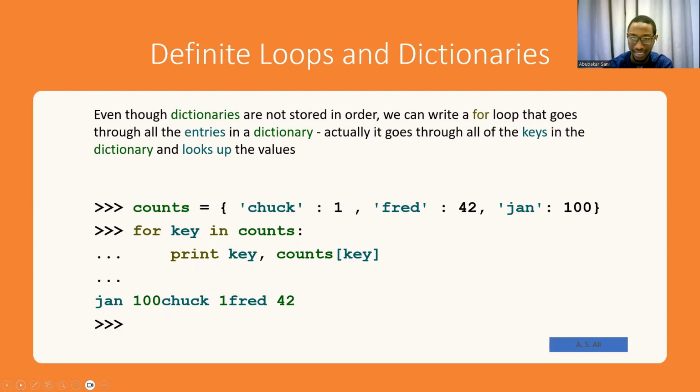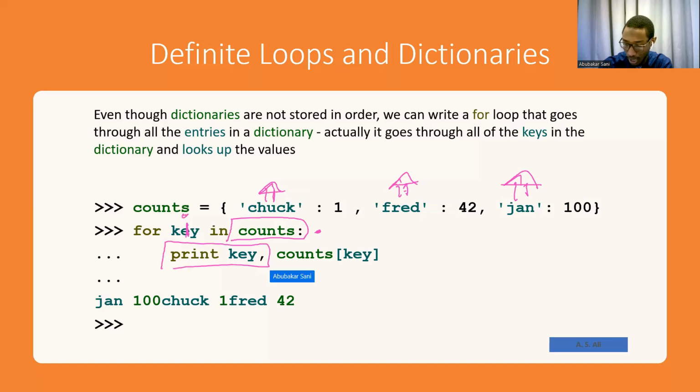If you say for i in counts and forget to put anything else, by default this is going to loop over the keys. In this case, we have Chuck, Fred, and John. You can print the key and print counts of key, and you can see the key is Jan. The count for Jan is 100.